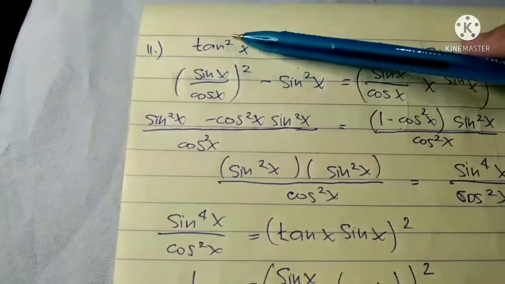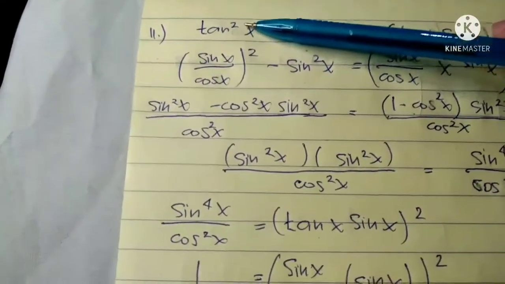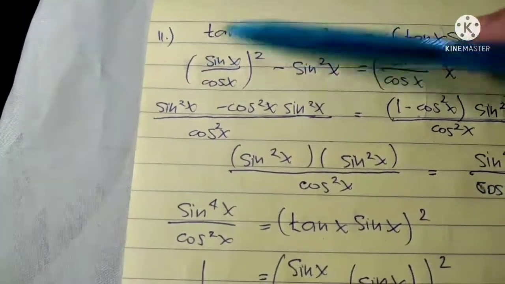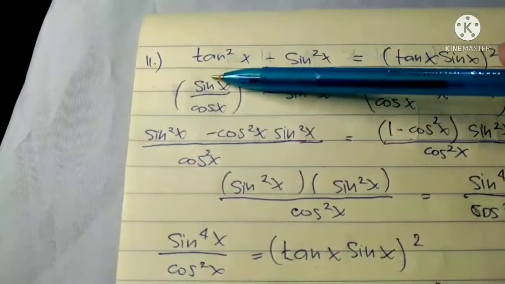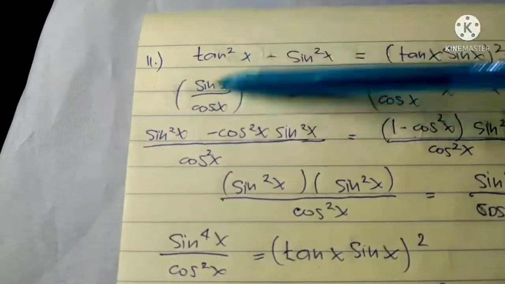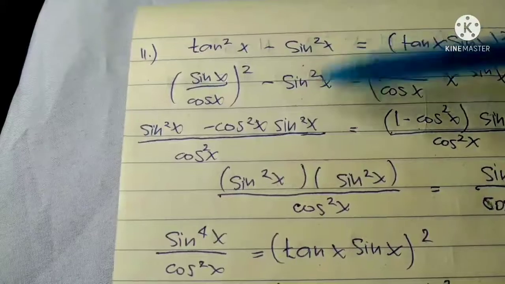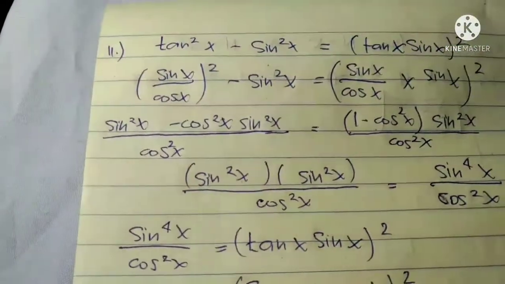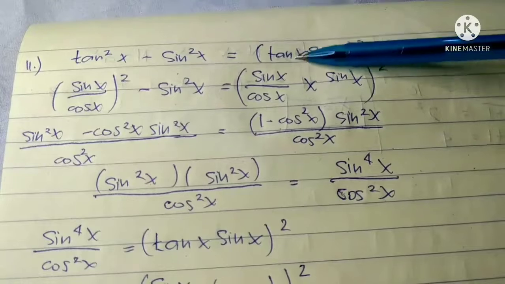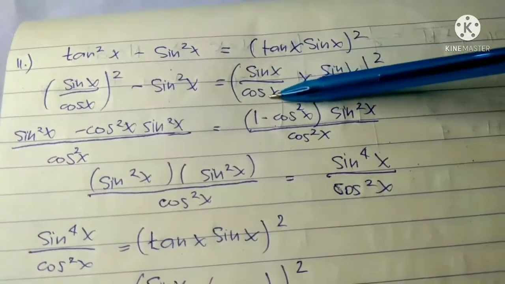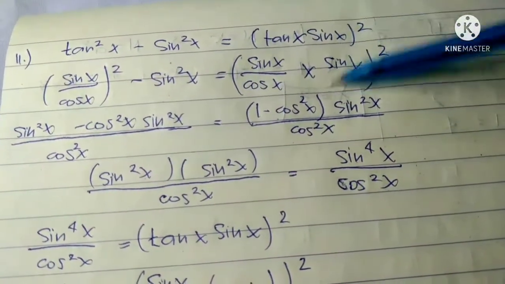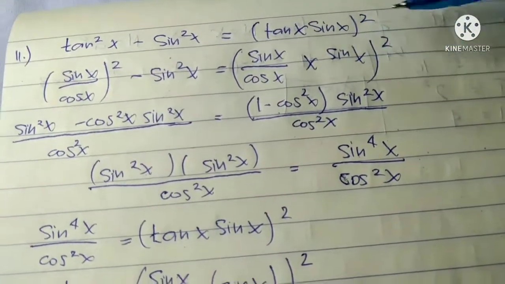Since it is squared, we can put it outside, right? Now we will have sine x over cosine x squared minus our sine squared x is equal to, here our tangent x is equal to sine x over cosine x, right? Multiply by sine x, then squared.